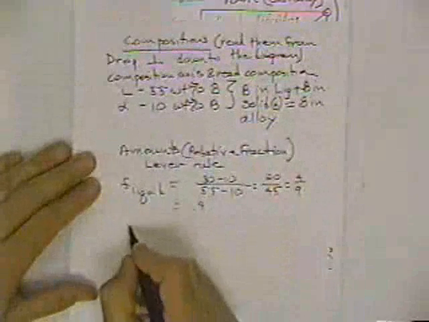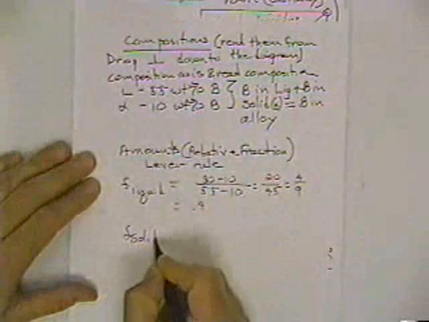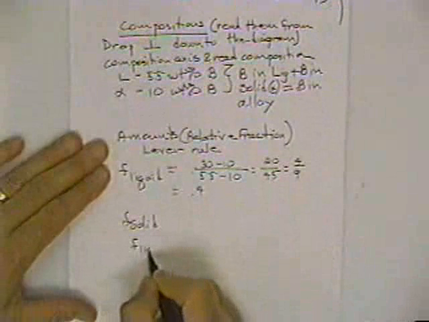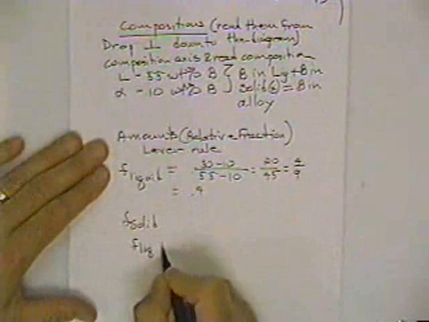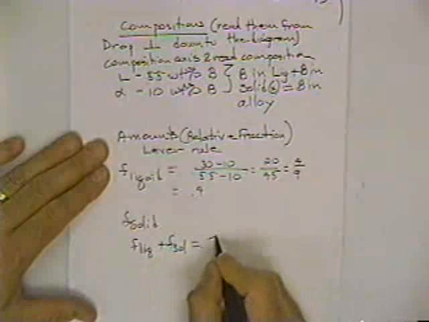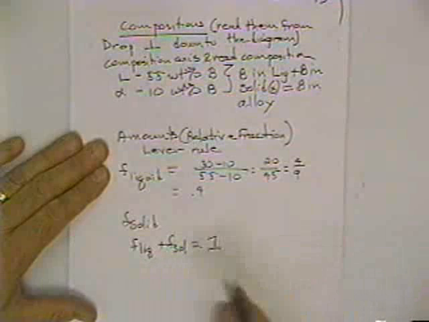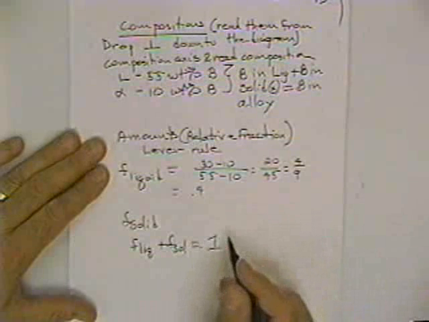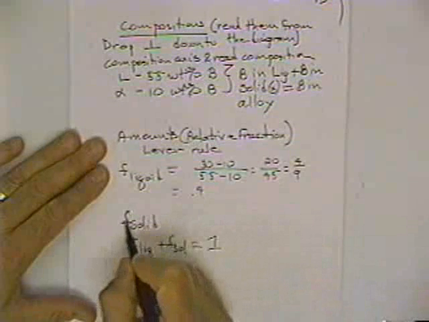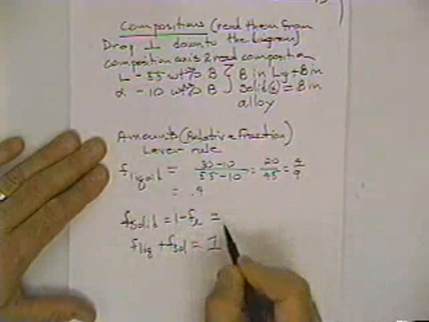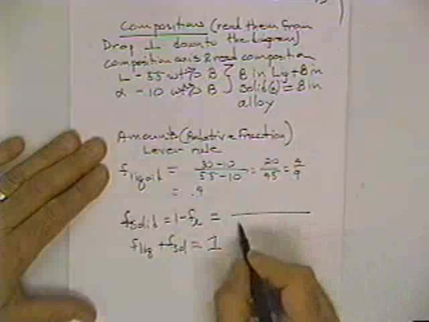Okay, so now let's determine the fraction of solid. A couple of you who are ahead of me know that the fraction of the liquid plus the fraction of the solid has to equal what? 1, or percent has to equal 100. So we could write the solid right away: the fraction of the solid is going to be equal to 1 minus the fraction of the liquid. But let's do it with the lever arm.